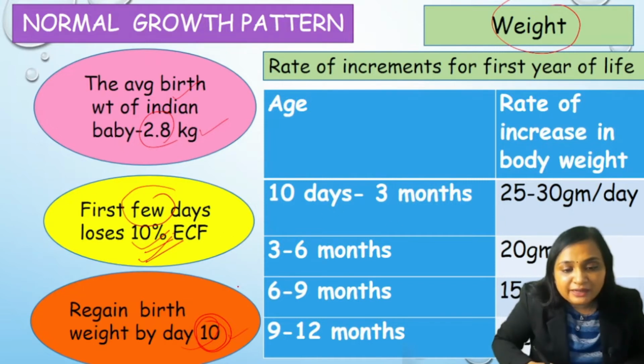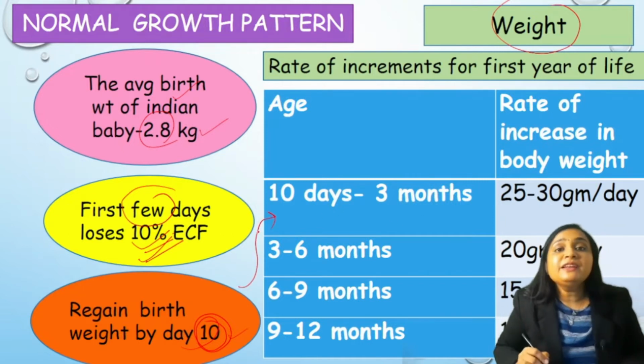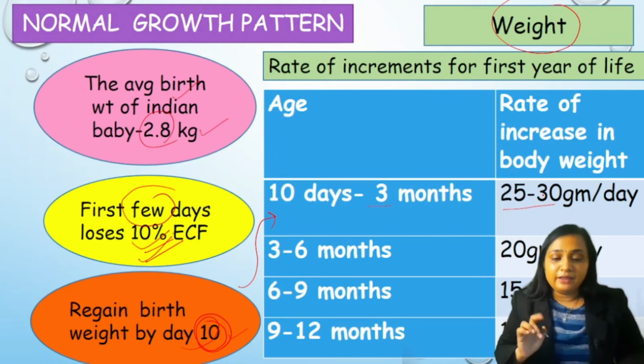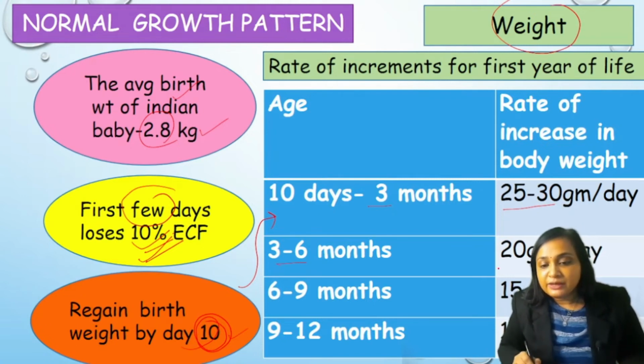So after 10 days, what is the rate of increment? From 10 days to 3 months, you have to remember 25 to 30 gram per day. Then 3 to 6 months, 20 gram per day. Then 6 to 9 months, 15 gram per day. 9 to 12 months, 12 gram per day. There is a 12 here, so 12 gram for the last 3 months.